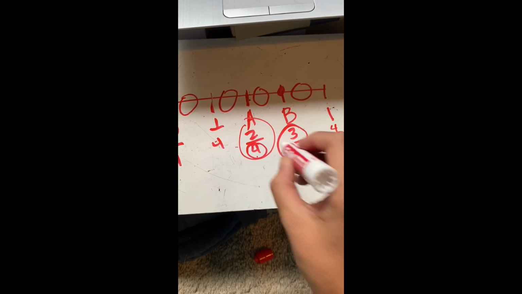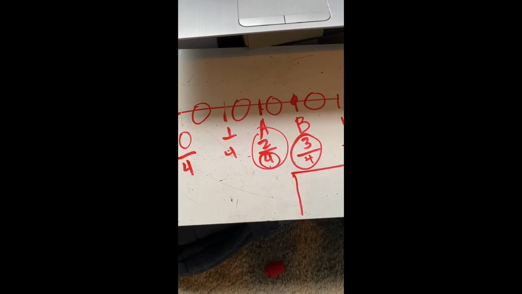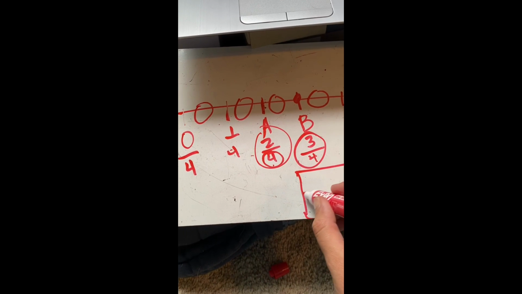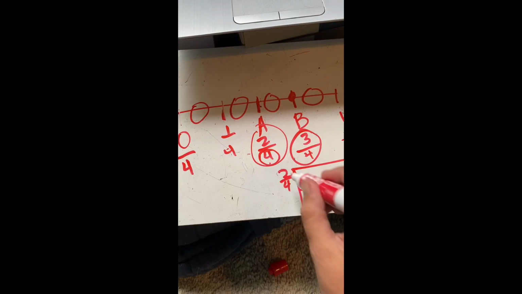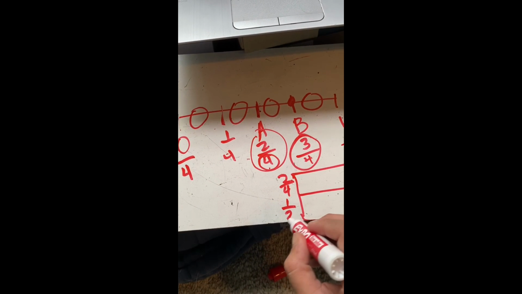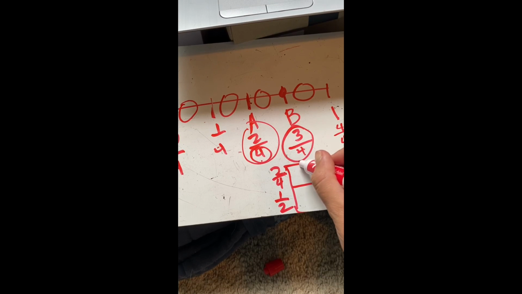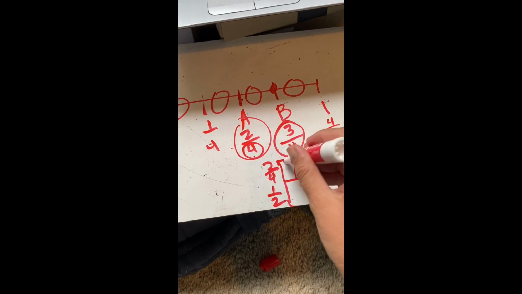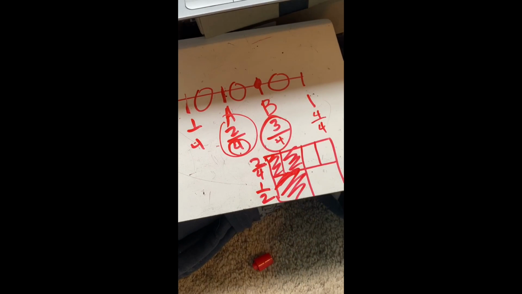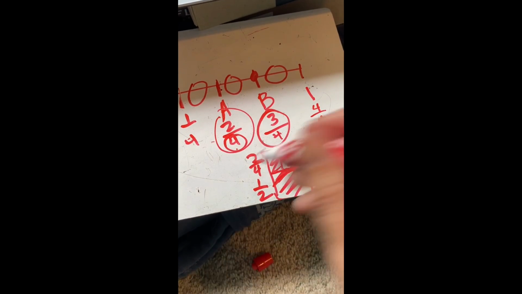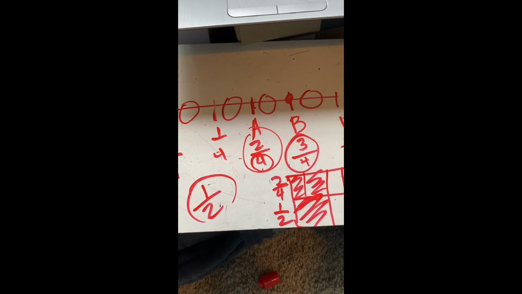Well, I think about fourths and who they're friends with, and fourths are besties with halves. So 2 fourths, what's another way to say 2 fourths in halves? So they cut them in half, fourths get cut again. 2 fourths is the same as 1 half. So another way to say 2 fourths would be by saying 1 half.